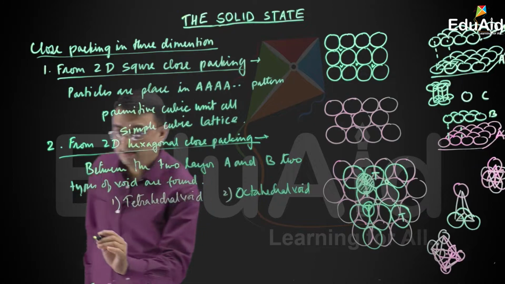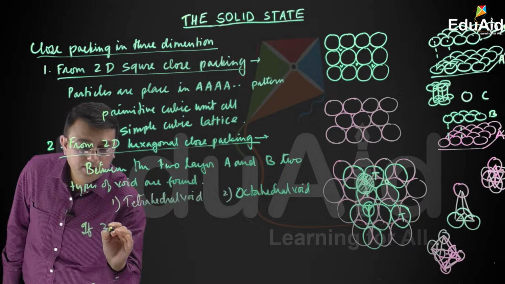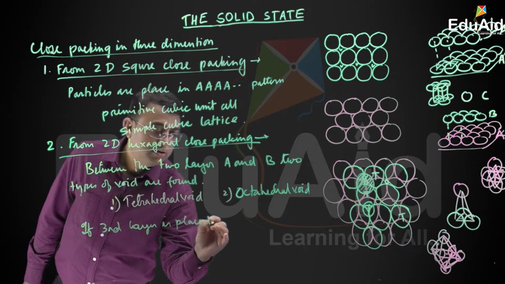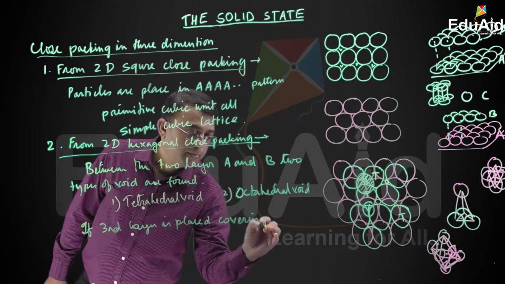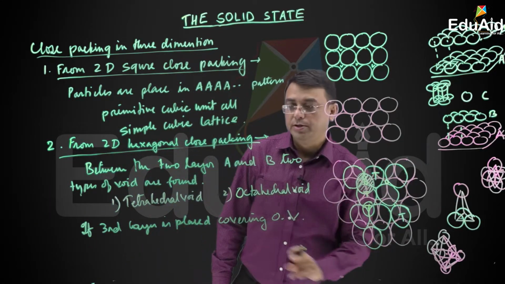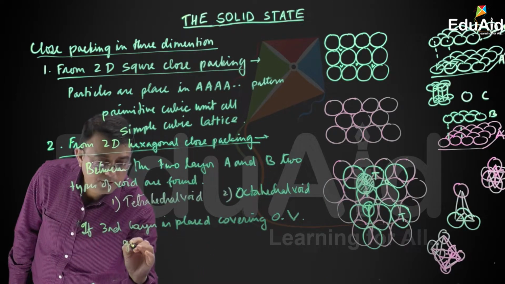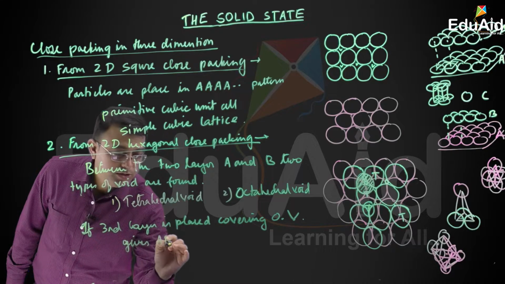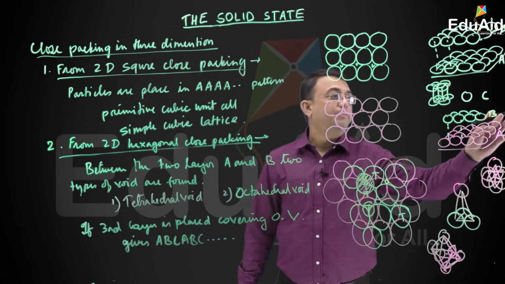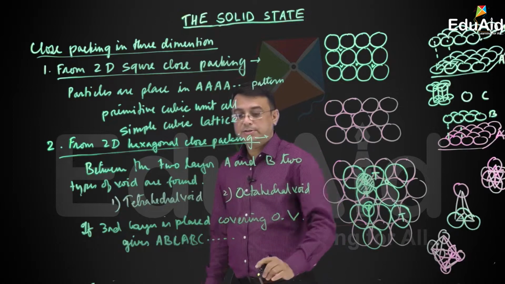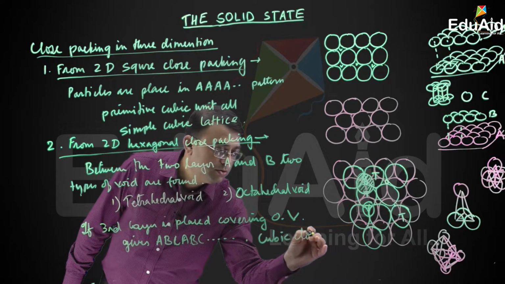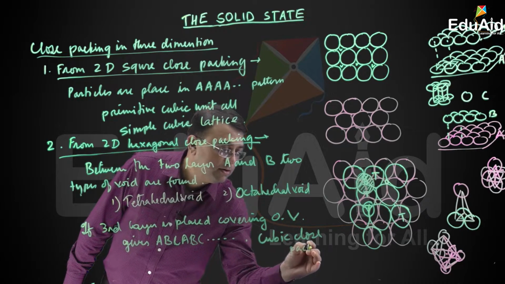So if the third layer is placed covering the octahedral void, the octahedral void gives an ABC type arrangement, and this is called cubic close packing in 3D.